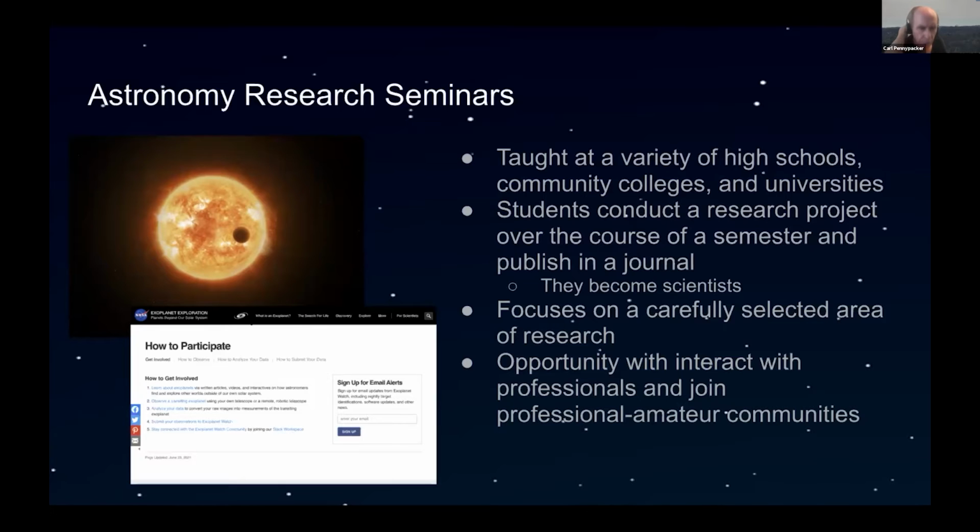You can say that they become scientists for a semester, and they often continue beyond that semester too. Each team focuses on a carefully selected area of research in astronomy and gets the opportunity to interact with professionals and join professional amateur communities.